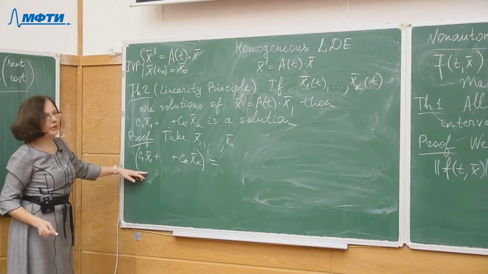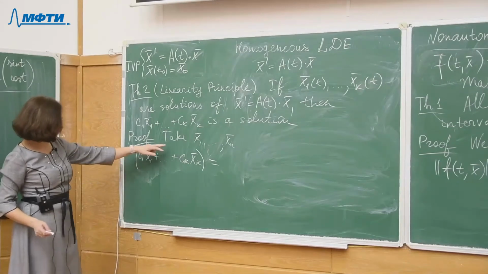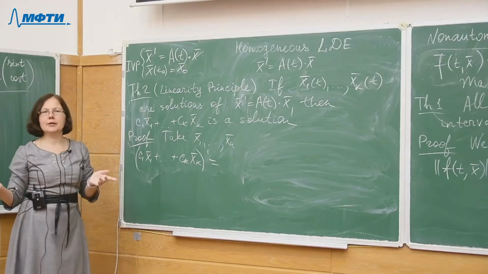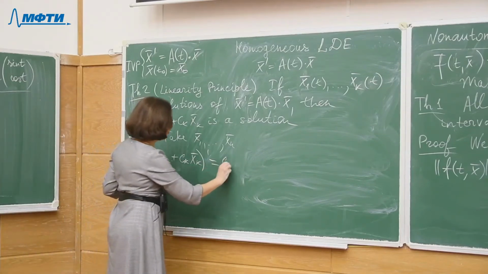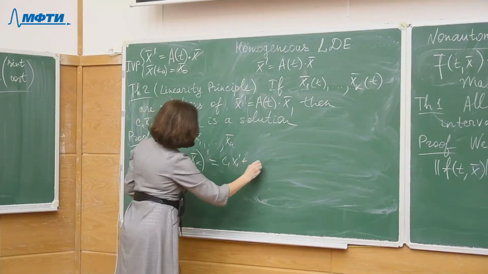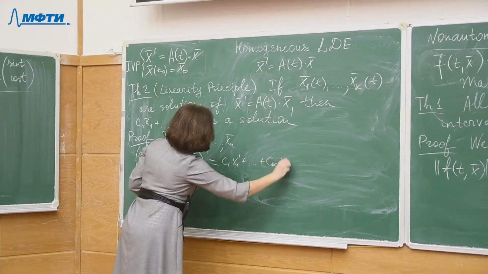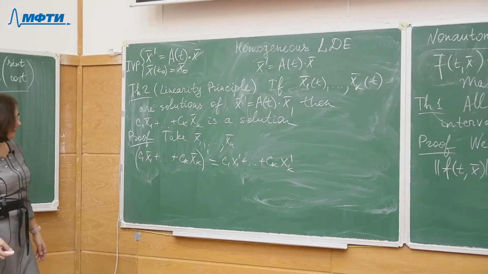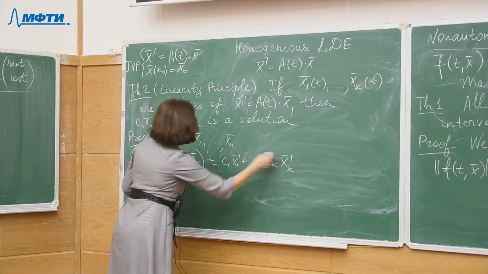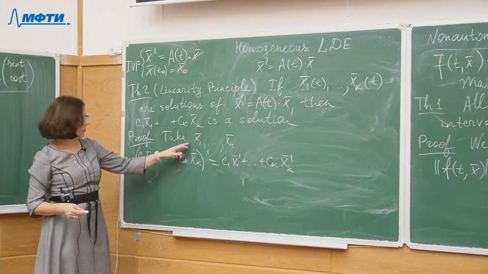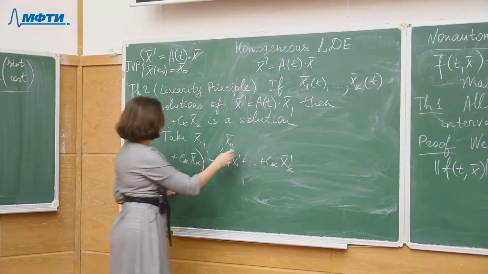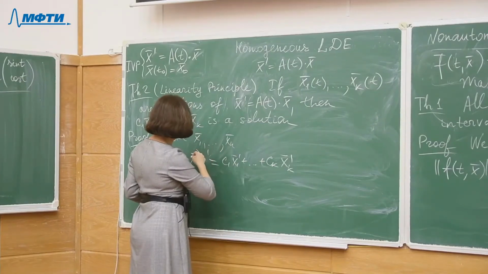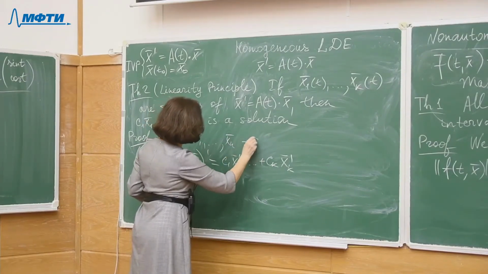By the property of the derivative, the derivative of the linear combination is equal to the linear combination of derivatives. I think it's clear. Then we know that they are solutions.